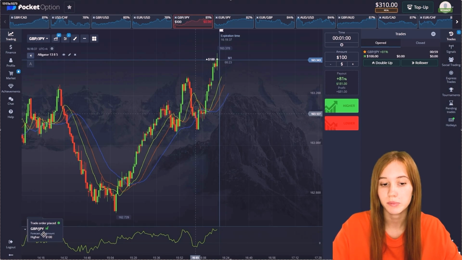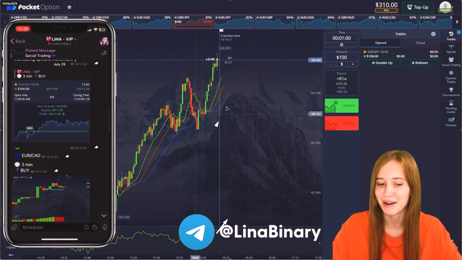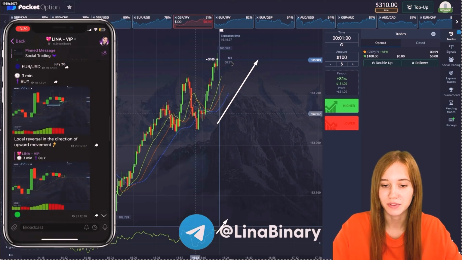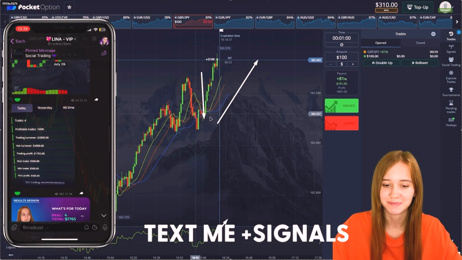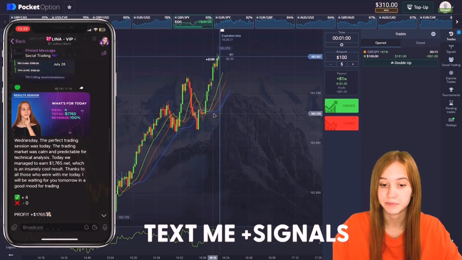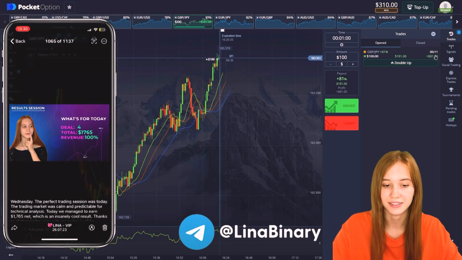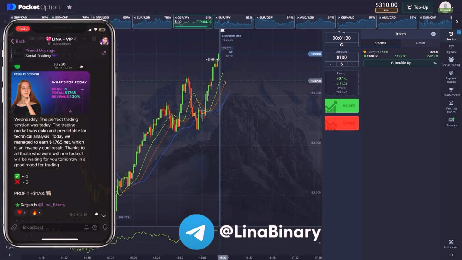This is already the third sign. According to the second indicator, we see the guide is directed upward. This is the fourth sign for opening upwards. Let's see the situation. So we see it clearly. And there are 10 seconds until the end of the deal.